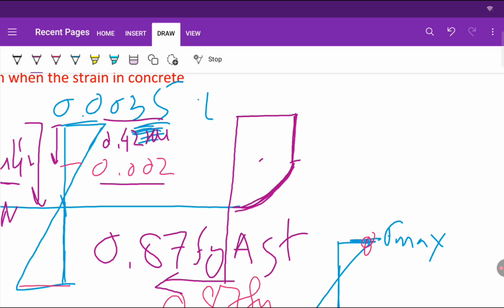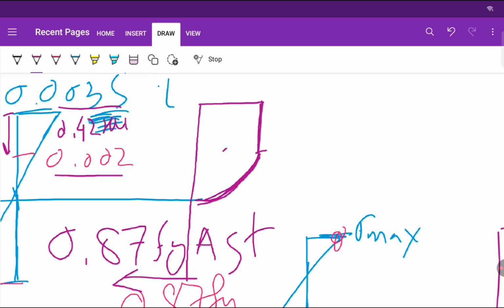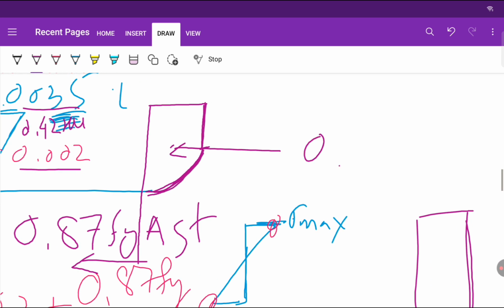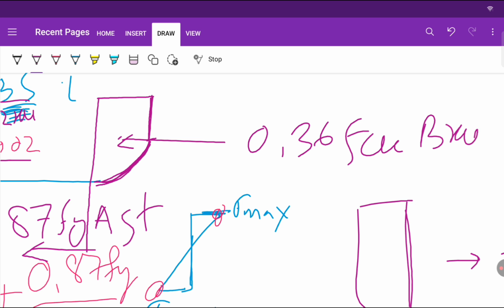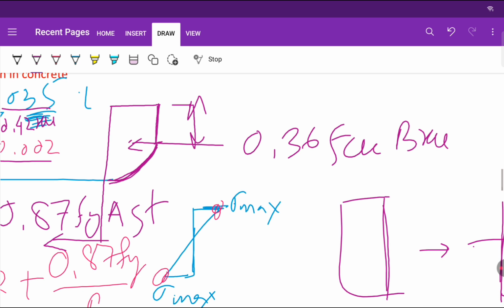So here both the compression and tension forces will be occurring. The compressive force is 0.36 fck b Xu. Okay, and the distance from the outer compression fiber to this resultant force is 0.42 Xu.